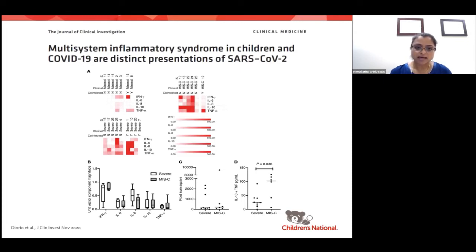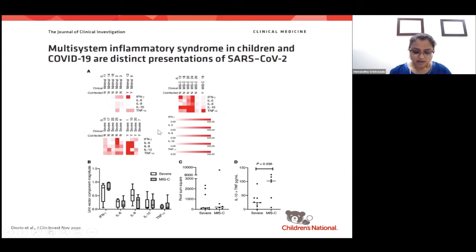In panel A, they generated a heat map of the most differentially expressed cytokines, specifically interferon gamma, IL-6, IL-8, IL-10, and TNF-alpha. And they were able to demonstrate there were different signatures in MIS-C patients compared to severe COVID infections.